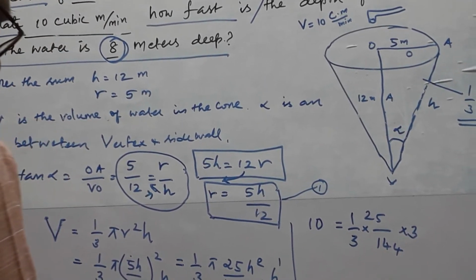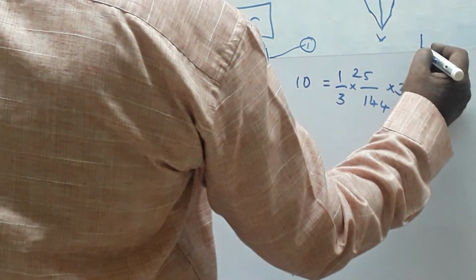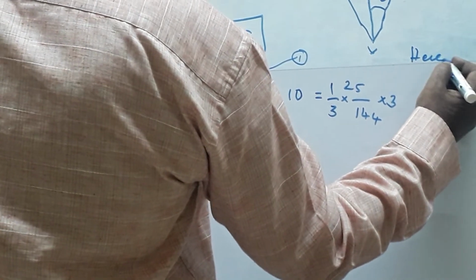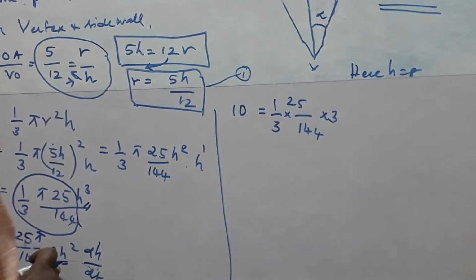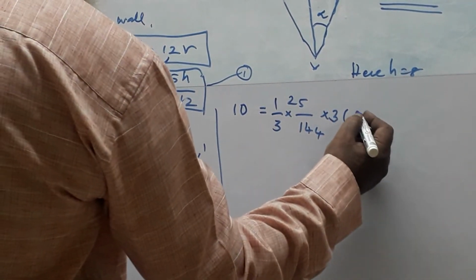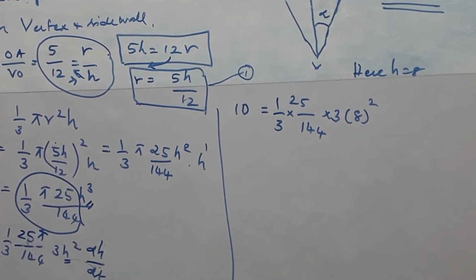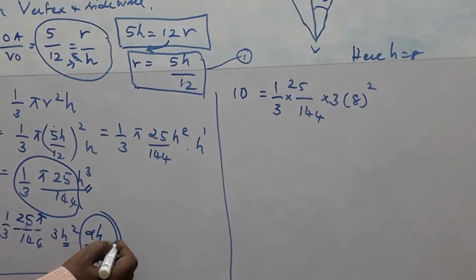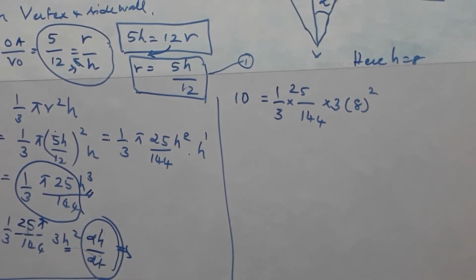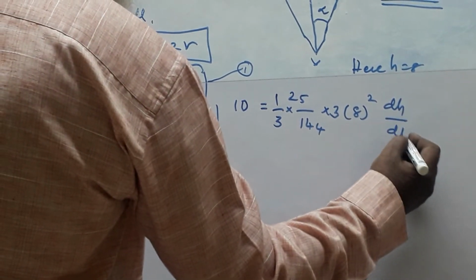Therefore h equal to 8 here. So 3h square is nothing but 8 square. And what is the value of dh by dt? That is what we want to find out.